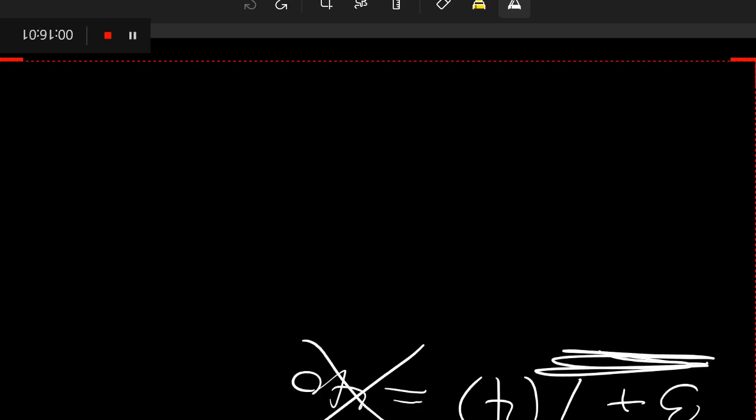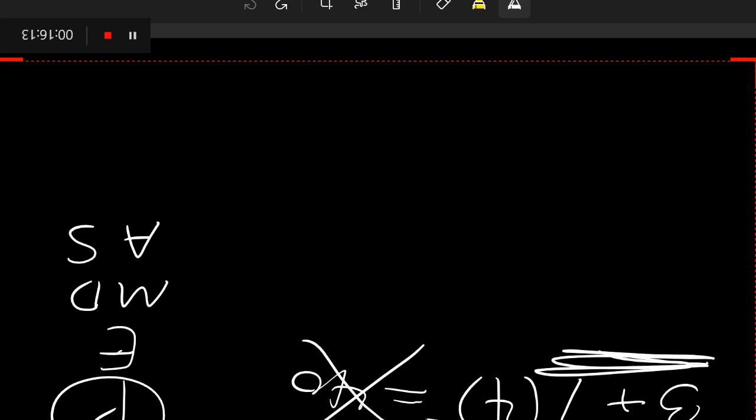However, that's incorrect. We have to use PEMDAS. Do we see any parentheses? Well, technically we do, but this doesn't actually mean anything. We have to do what's inside the parentheses, and the parentheses is already solved.